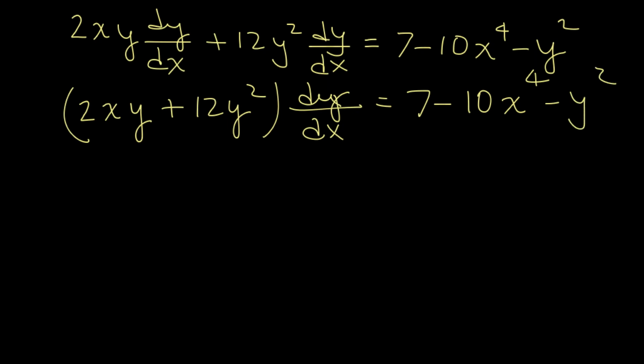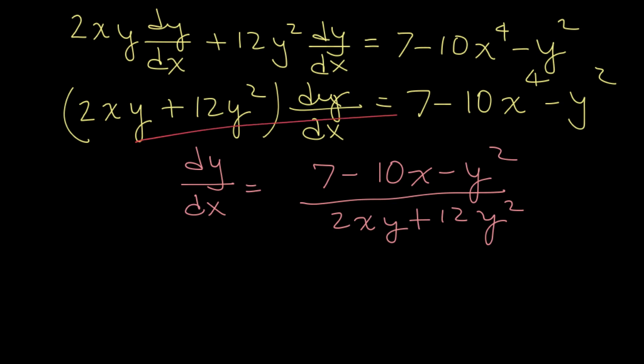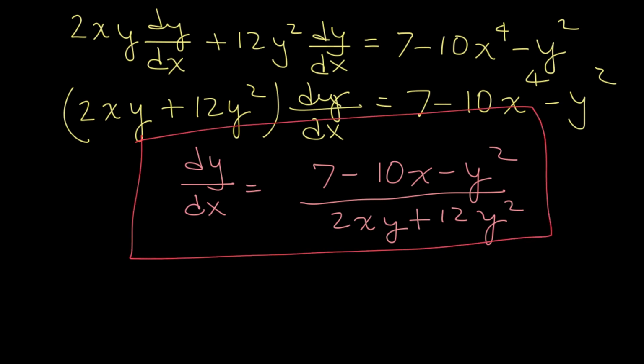And now all that's left is to divide both sides by the factor, and we get, we'll put it in a new color, dy/dx is equal to (7 - 10x^4 - y^2) over (2xy + 12y^2), and that is the answer to our problem.